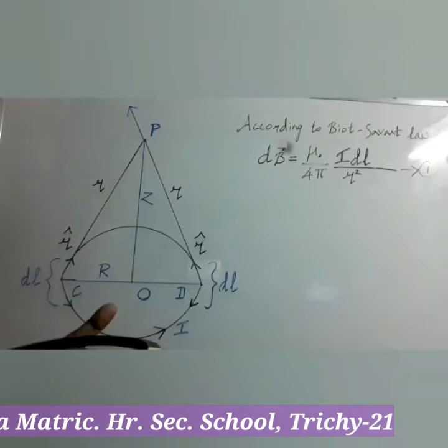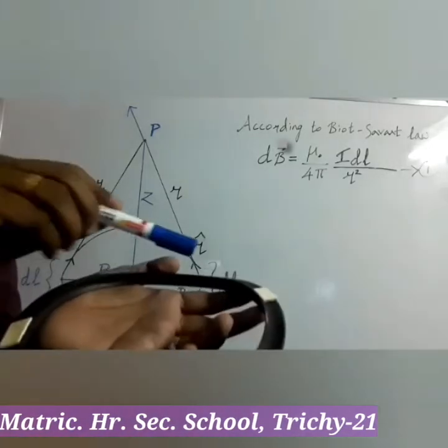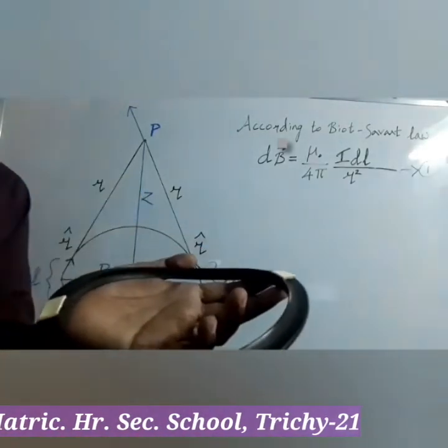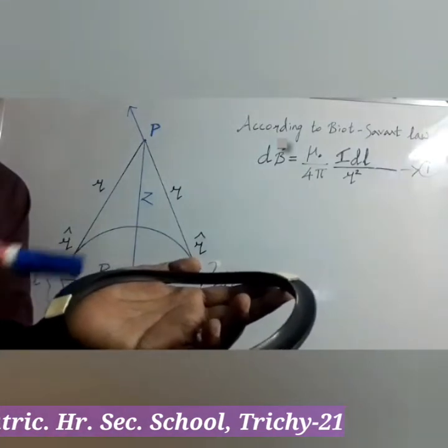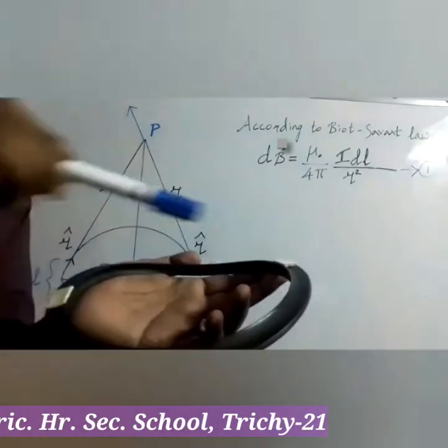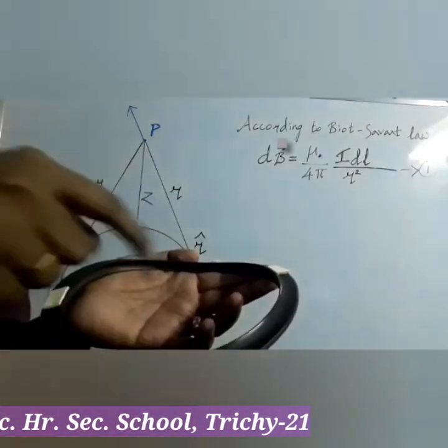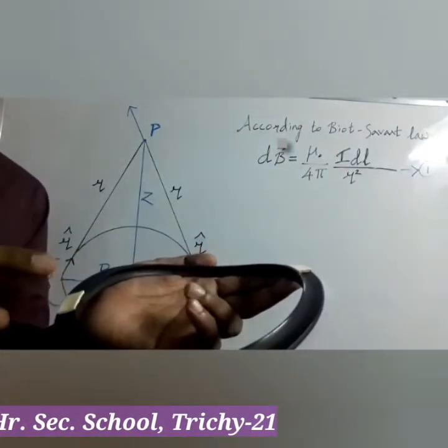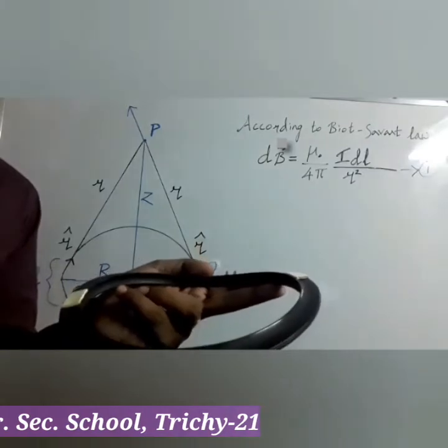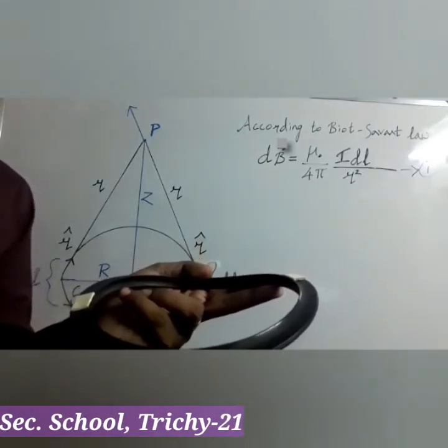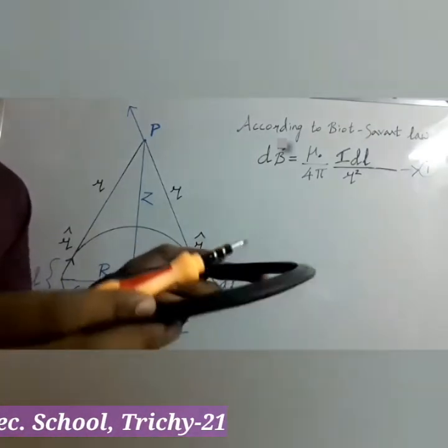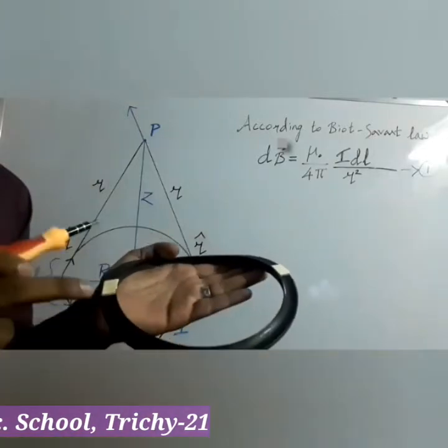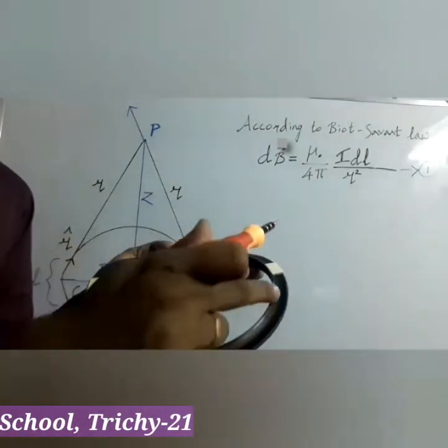Now we are going to find the direction of the magnetic field due to the current element at D. Remember, the current element at C and the current element at D are diametrically opposite to each other. They both create magnetic fields with the same magnitude, but the direction is different, because the direction of current at D is different from C. Here it shows the direction of the current, that is anti-clockwise.